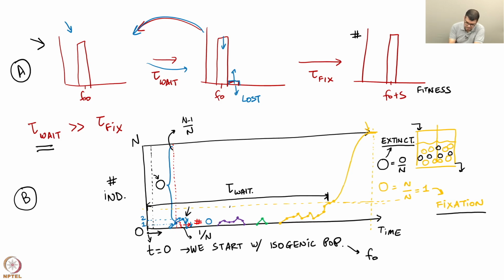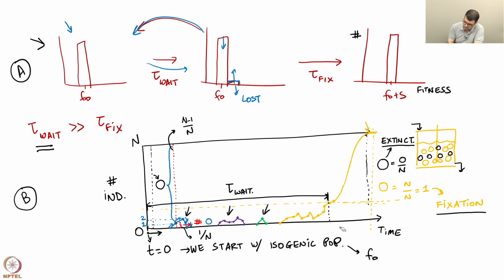Several other beneficial mutations occurred prior to the one that actually eventually escaped the action of drift, but all these were lost. Tau weight is associated with not just occurrence of a beneficial mutation, but occurrence and being able to survive drift, which happened at this point. So, this was tau weight. From there on, it reached fixation.